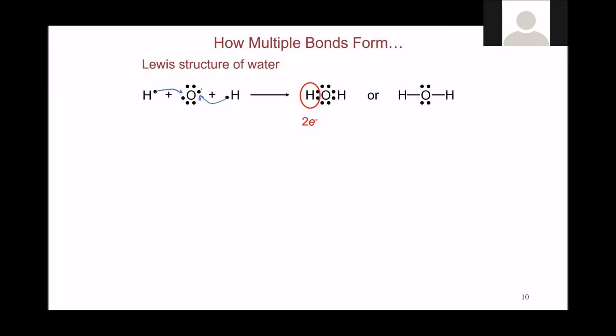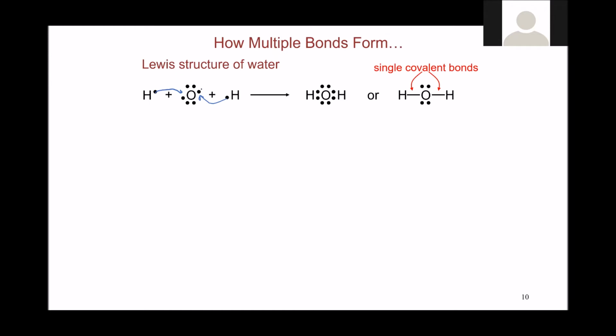The octet rule for hydrogen is actually 2, not 8. Okay, and that's the same thing for the second hydrogen. And as we said, we replace the bonding pairs with lines and leave the lone pairs as dots to differentiate between them. So here is the Lewis structure that tells you that it's 2 single bonds between hydrogens and oxygen, and the oxygen is in the middle.